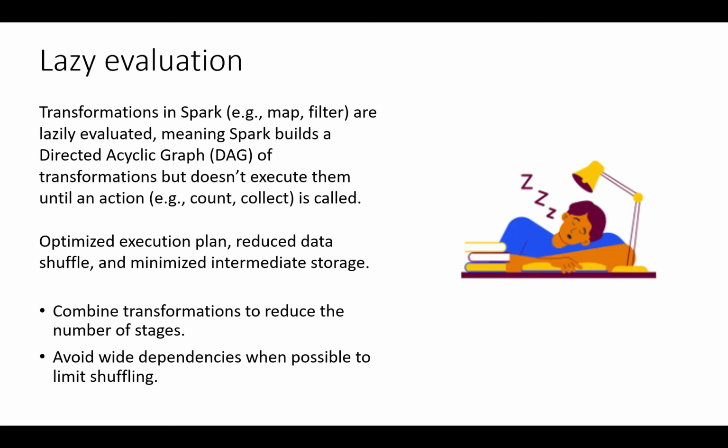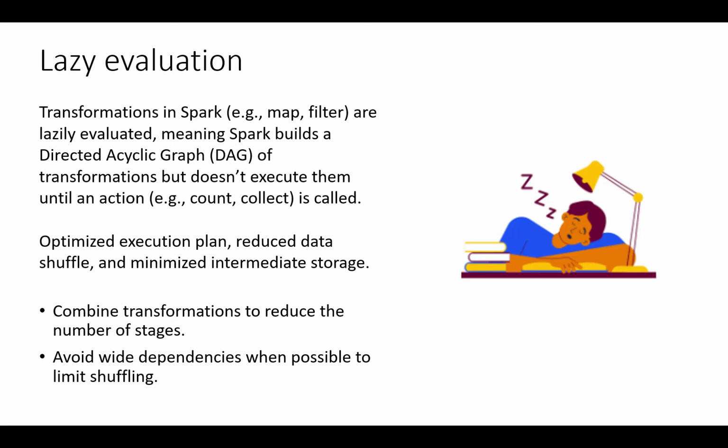Only when Spark encounters an action, which means in any Spark program there are two types of things that we write. One is transformation, the other is action. To perform any logic, we will write a set of instructions to Spark which constitutes transformation and action.